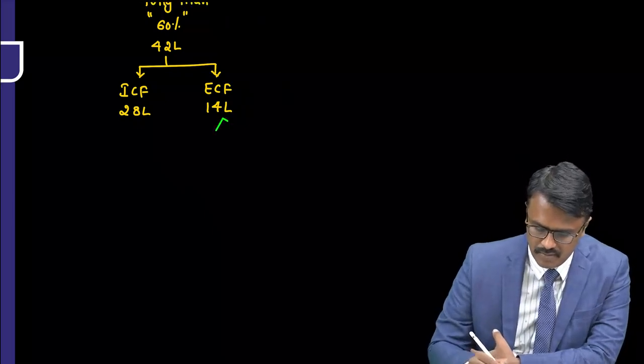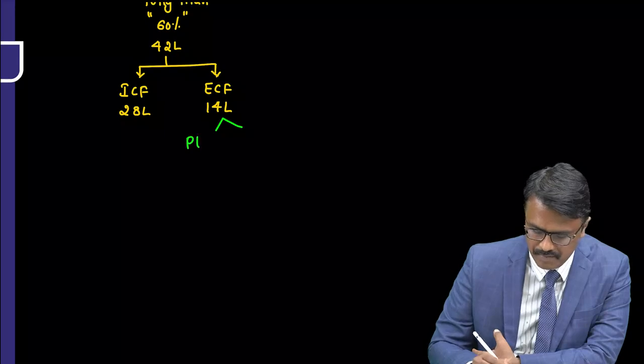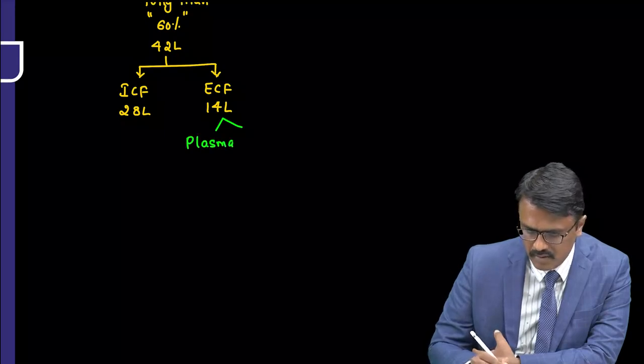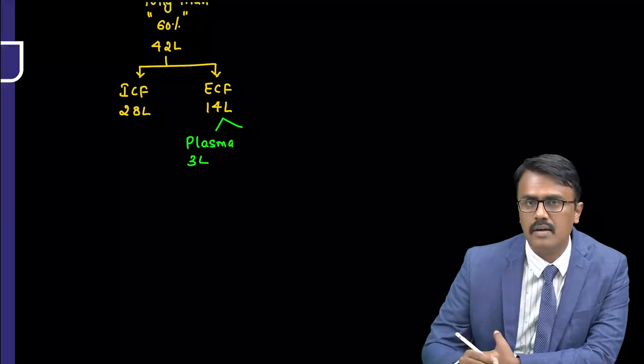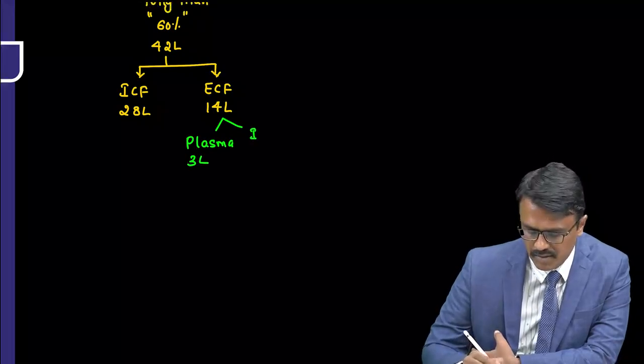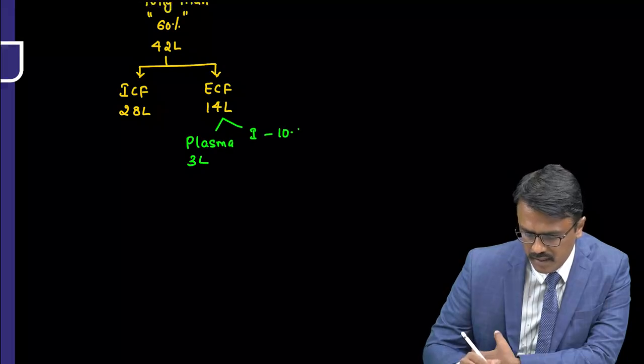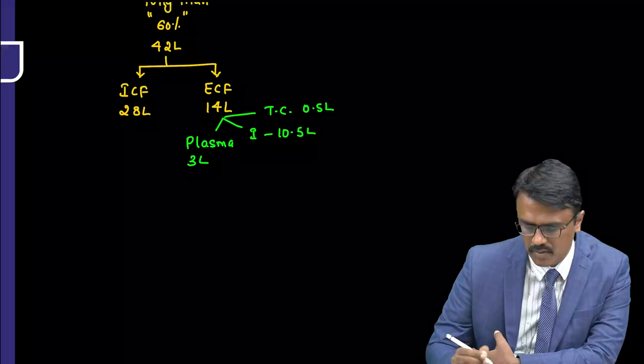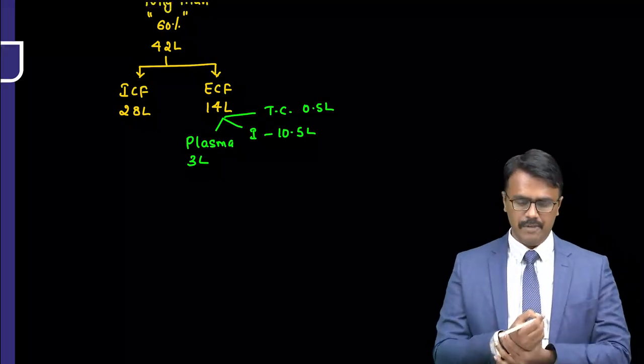Now in ECF, we have the plasma, which is around 3 liters, the interstitial fluid around 10.5 liters, and the transcellular fluid around 0.5 liters.